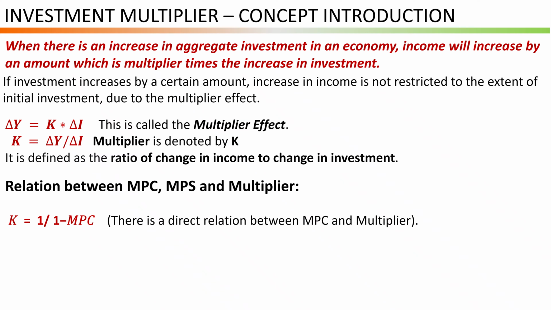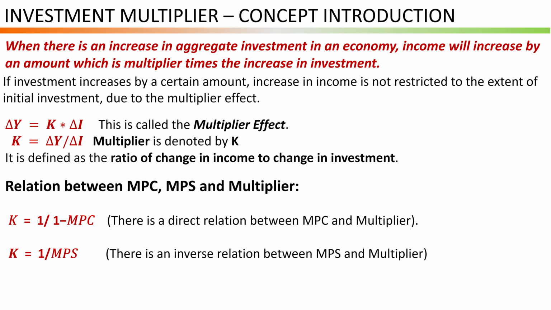That is, there is a direct relation between marginal propensity to consume and multiplier. And K is 1 upon MPS. That is, there is an inverse relation between marginal propensity to save and multiplier.